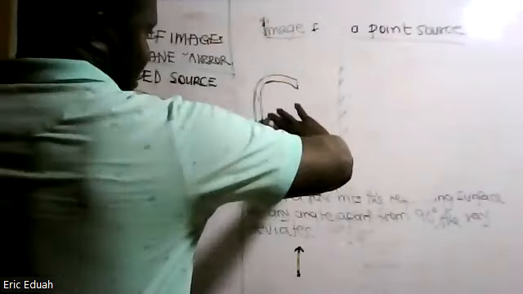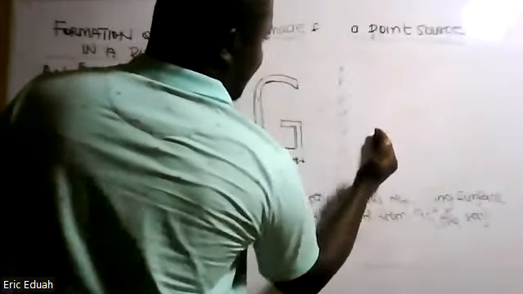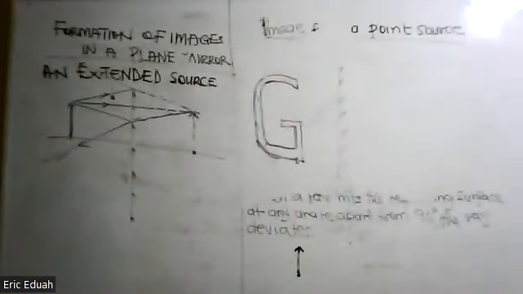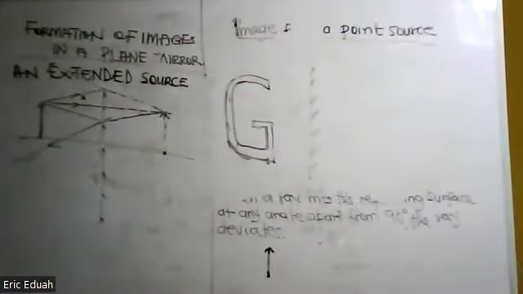Of course, it will turn so that this end would appear at this part of the mirror and the other side follows. Try and then use a ray diagram. Let's see how this lateral inversion can be formed. So just give it a try.